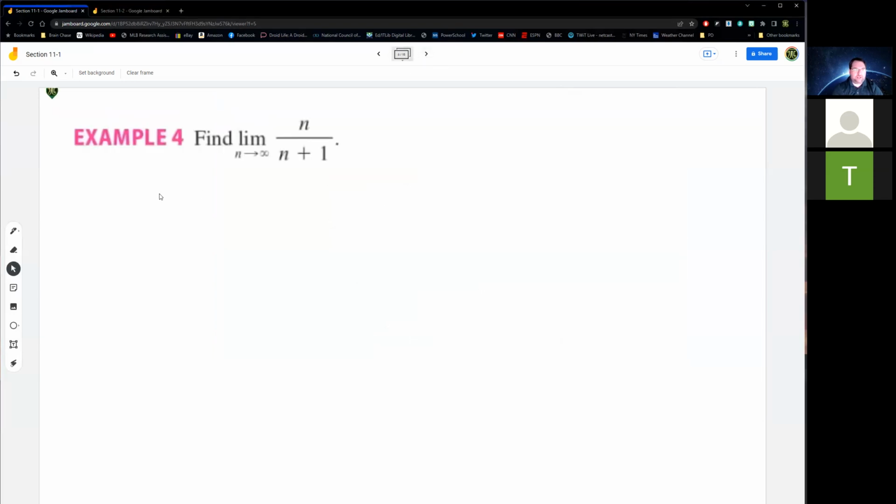All right, let's look at a couple. So let's look at the limit of this. Now, you actually have done this problem before. You did this one way back in Calculus 1. Does anybody remember the method the teacher used to find the limit of these problems?